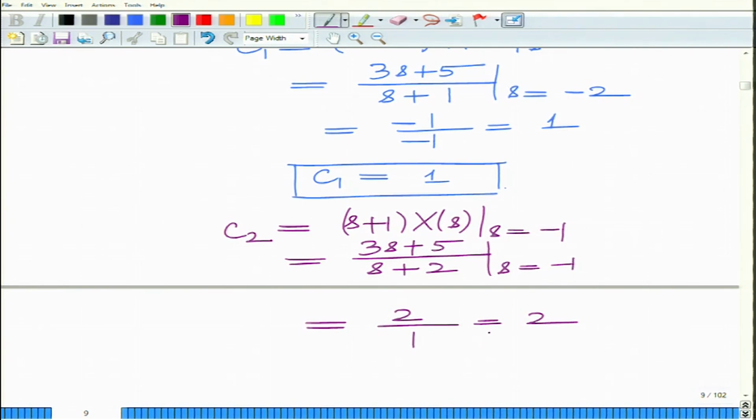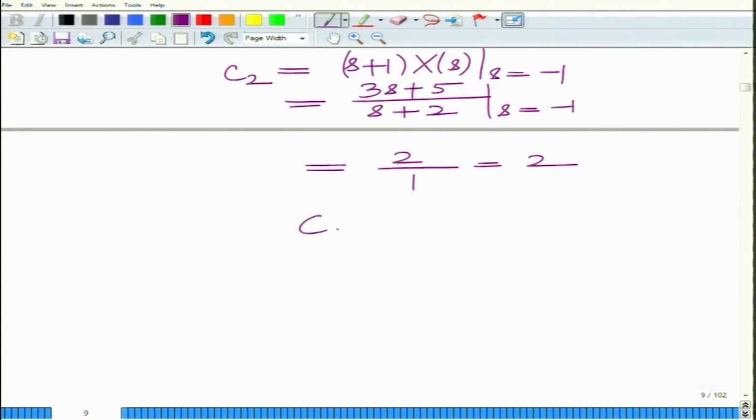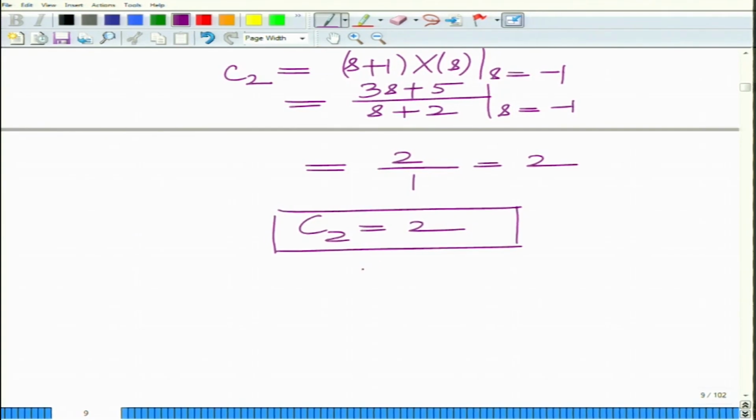Okay. And therefore C2 equals 2, and from the partial fraction expansion we have X(s) equals 1 over s plus 2 plus 2 over s plus 1.